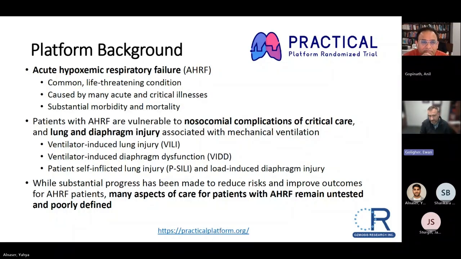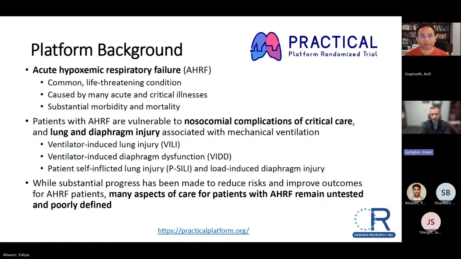Basically, over the next 35 to 50 minutes or so, we'll spend some time going through the structure of the platform trial quite briefly, and then really focus on the invasive mechanical ventilation domain and the drive RCT in particular.